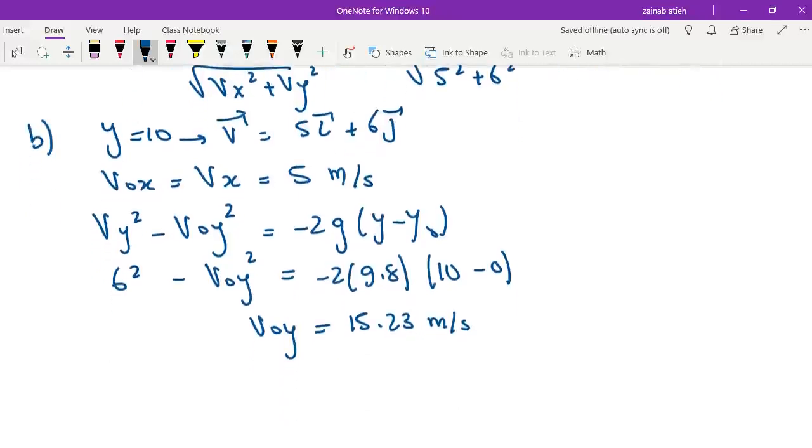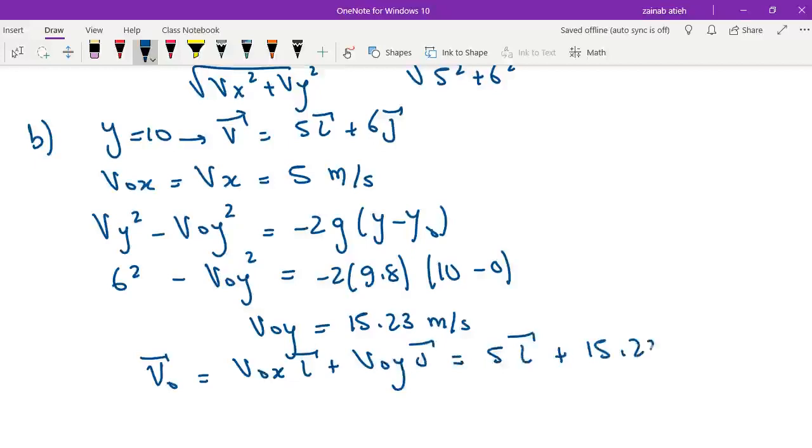So now I can write V0 vector, it's equal to V0x i plus V0y j, it's equal to 5i plus 15.23j. If I have to find the speed, I find the magnitude: 5 squared plus 15.23 squared.